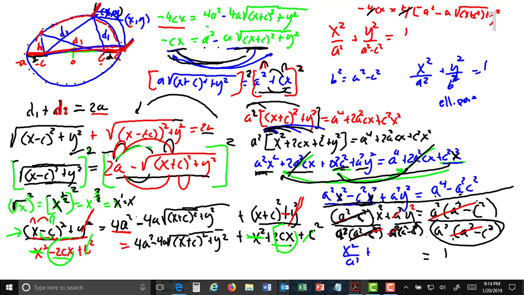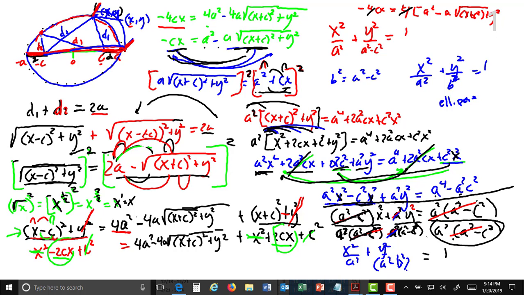And then here you're going to have the a squared is going to divide out, see? So then what you have now is y squared over a squared minus c squared. That's what's left on that side.